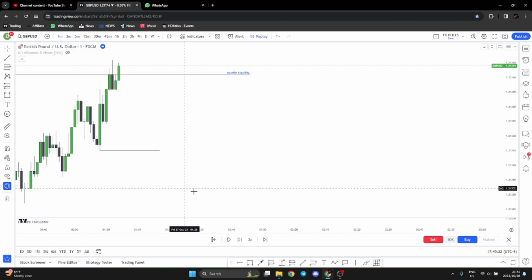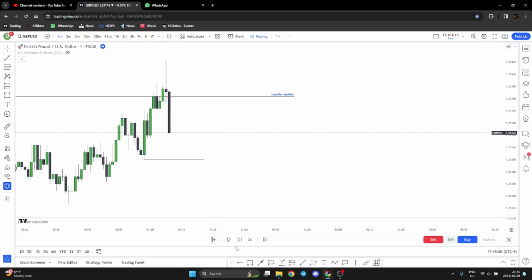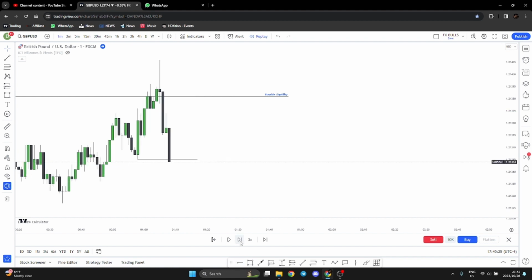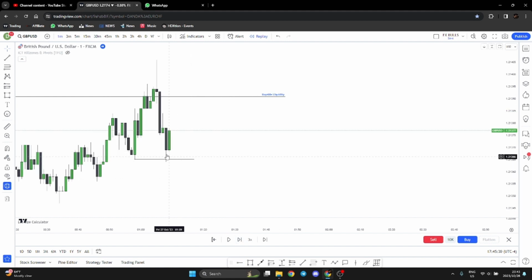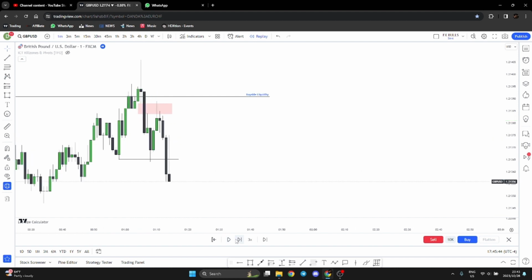Okay, we can put this off. Okay, lows has not been cleared. We get a wick there, but that's not a break of that low. It moves into that FVG. Let's see if it respects it.